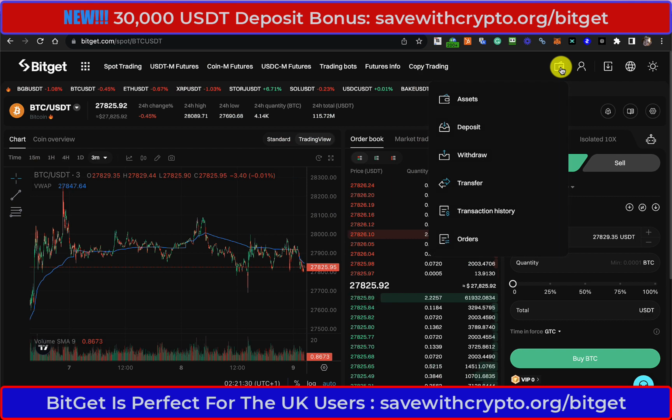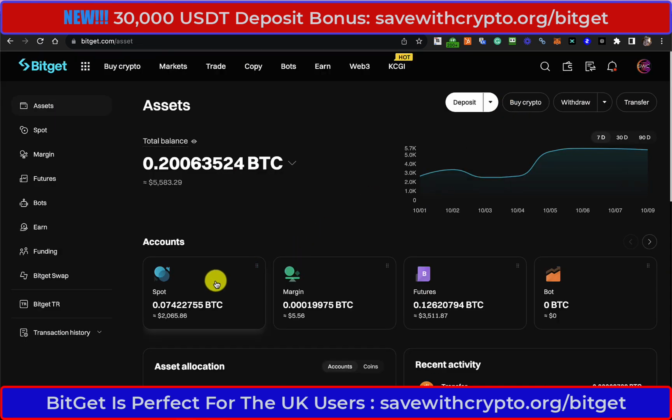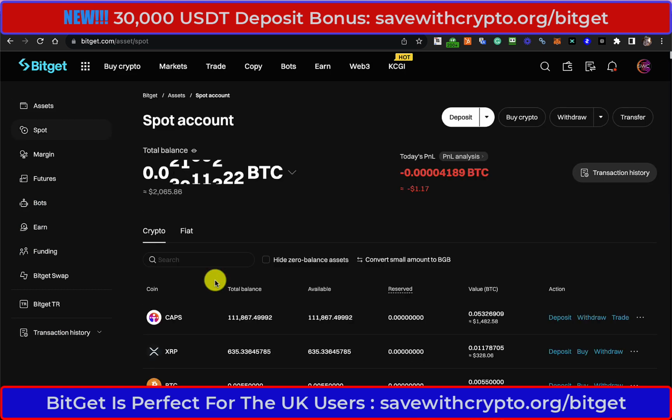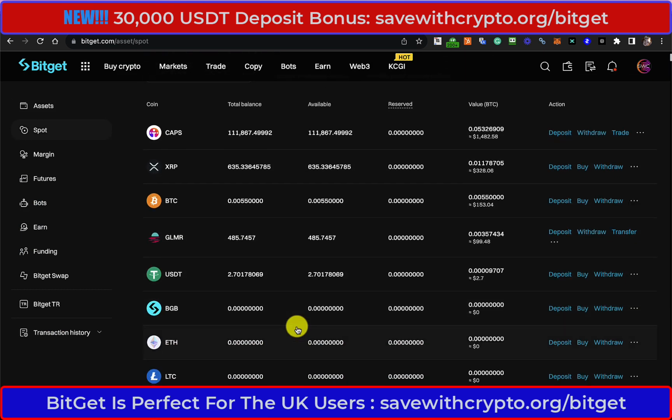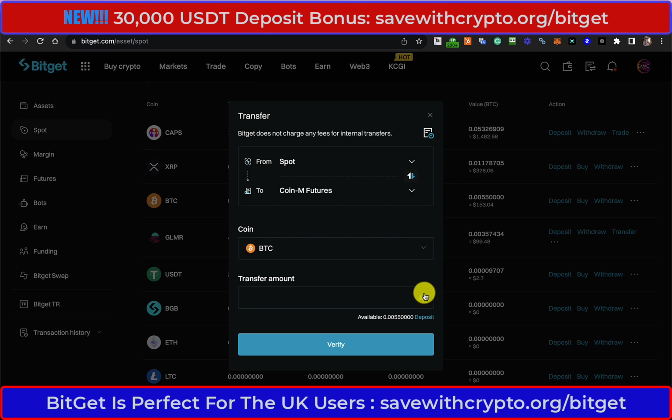So if we go back to the wallet now and have a look at assets and then look over here into the spot account, you'll see that now all that BTC is available. So I can transfer that from the spot account to the CoinM Futures. Okay, so let's transfer all of that.